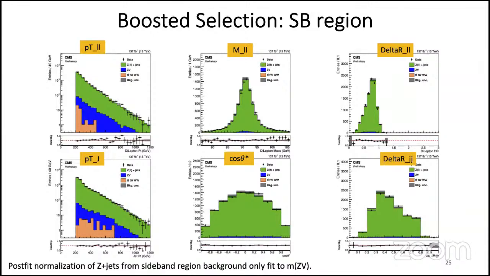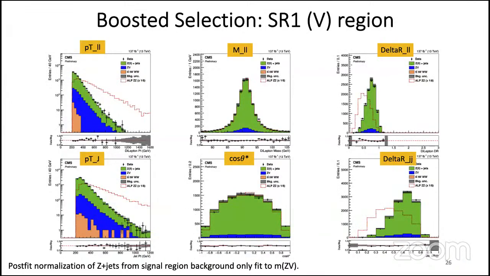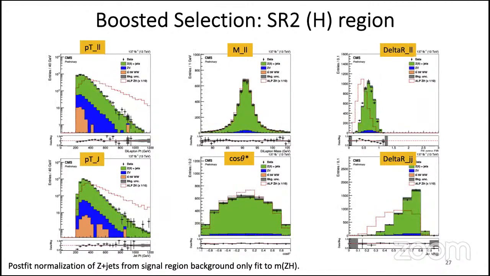More variables involved in the boosted selection: the dilepton PT, the invariant mass distribution of the dilepton, the separation between leptons, the PT of the jet, and the separation between the subjets. And the same for the signal regions, signal region 1, signal region 2.